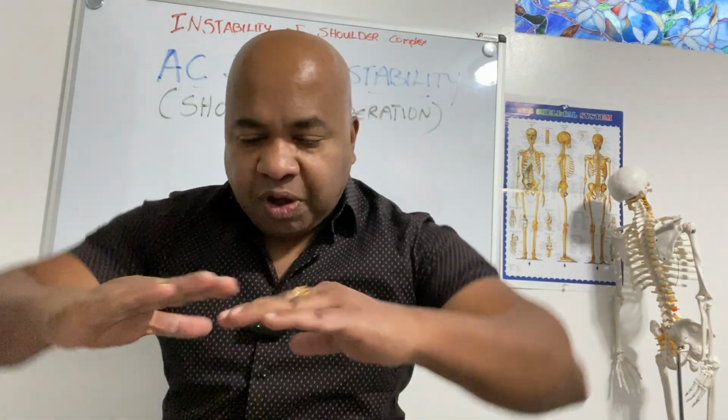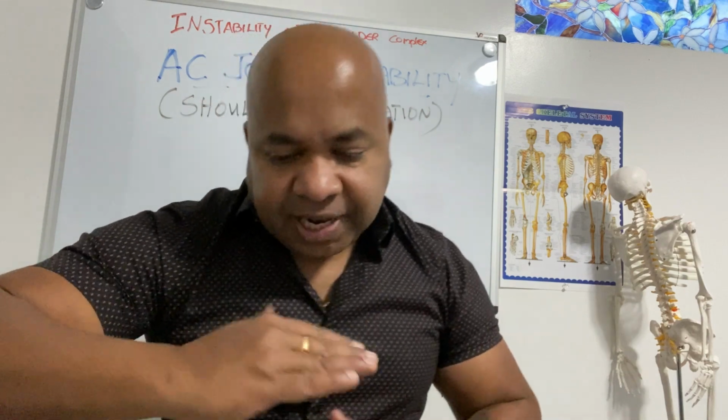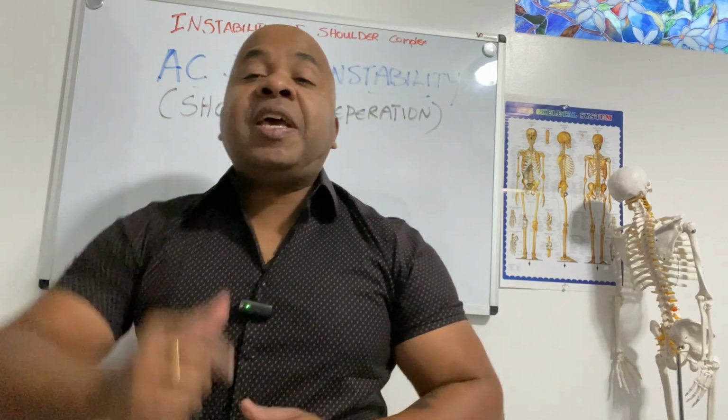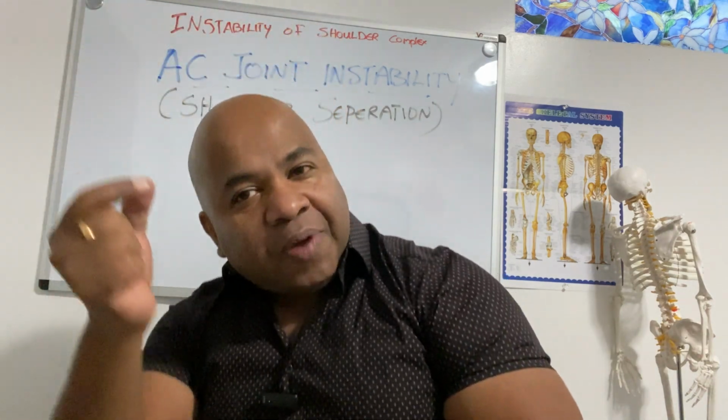So if this is the transverse plane, the scapular plane is tilted 30 to 45 degrees. When the plane is tilted 30 to 45 degrees, the axis won't be a perpendicular axis. The axis will always be an oblique axis.